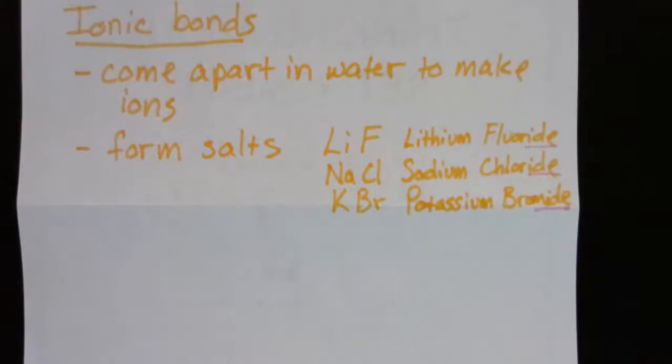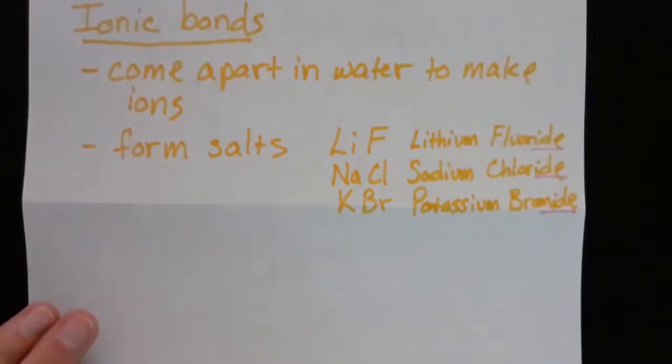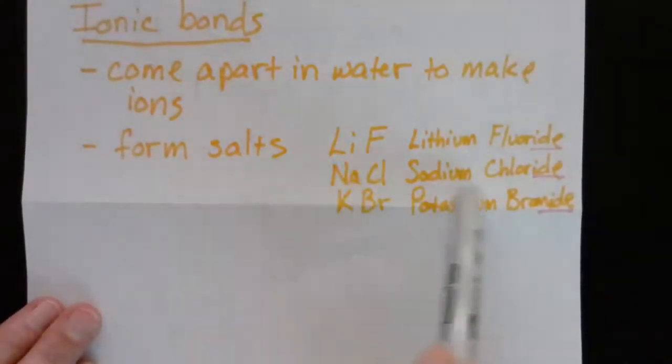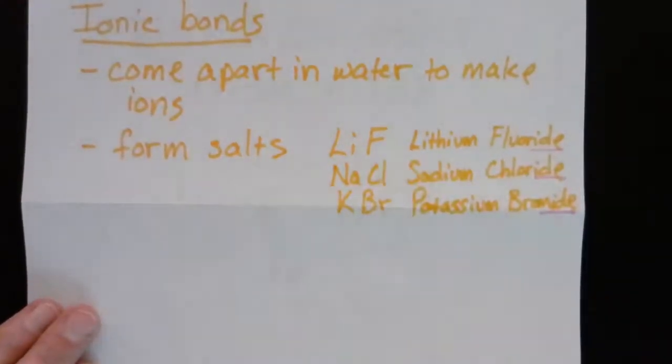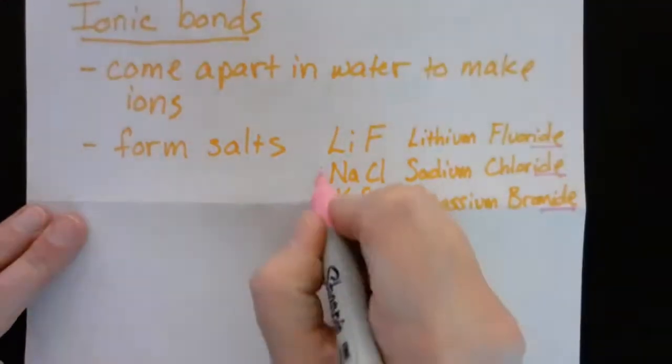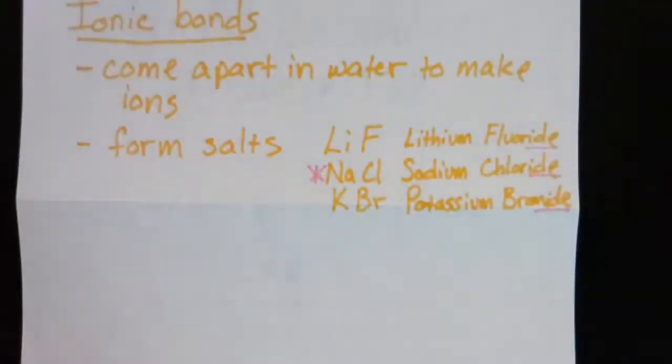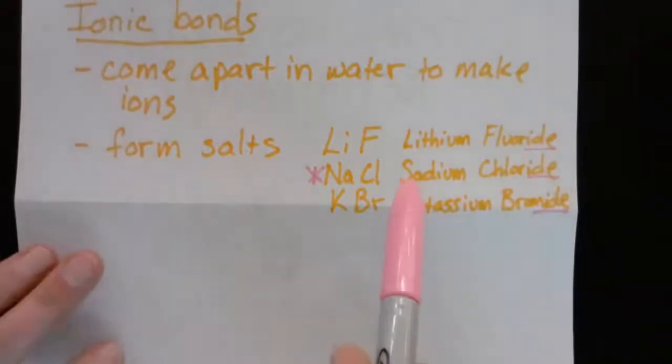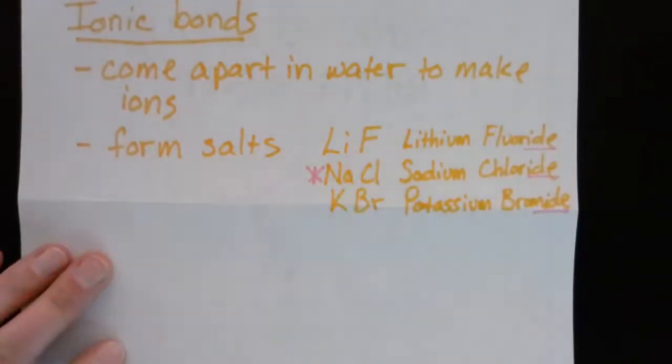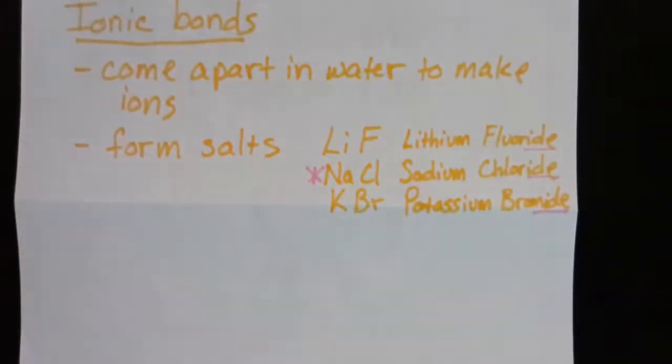So all three of them are ionic bonds. Yes, these are all ionic bonds. And even though sodium chloride is the table salt that you put on your food or in your cooking, these others are still called salts also.